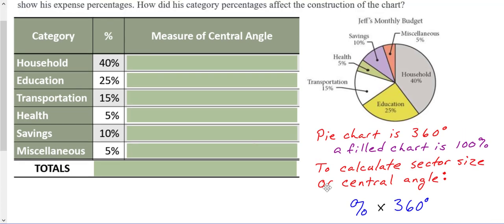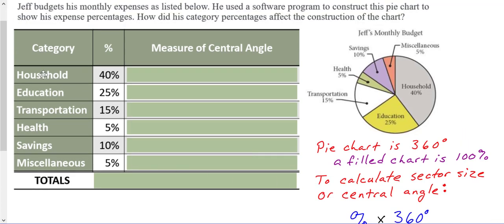For example, in the first expense category of household, that is 40% of the budget. So we would take 40% and convert it into a decimal and multiply it times 360. That means the central angle for household, which would be located right here, is 144 degrees.